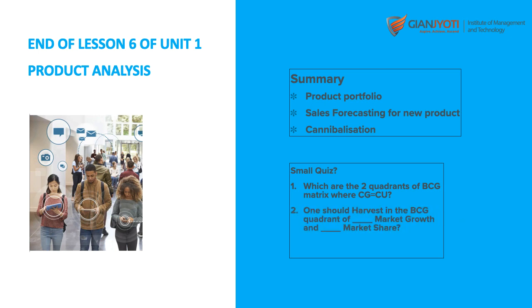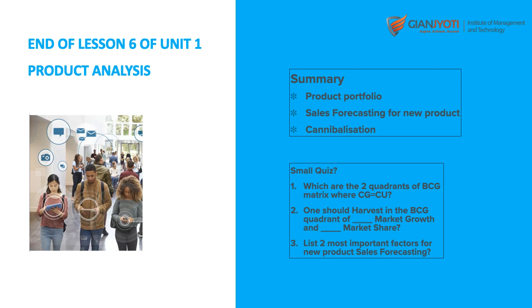Second, one should harvest in the BCG quadrant of high or low market growth and high or low market share. Third, list two most important factors for new product sales forecasting.